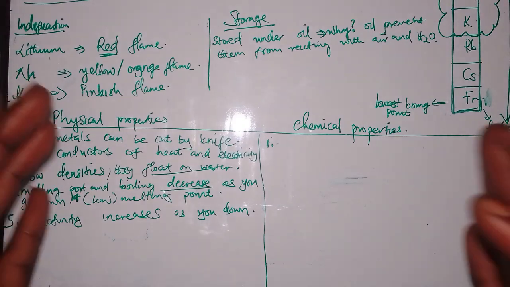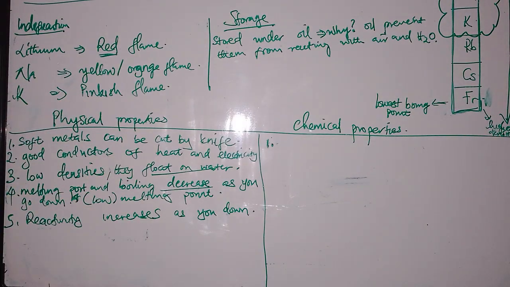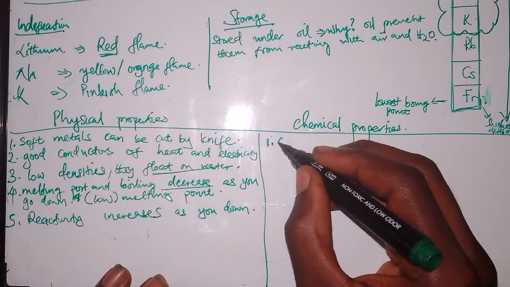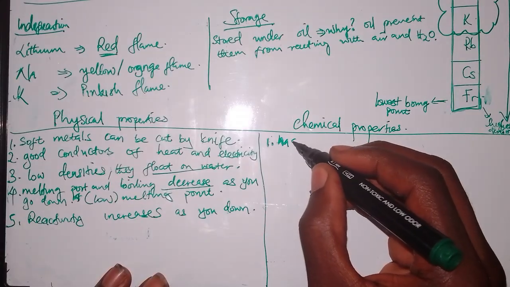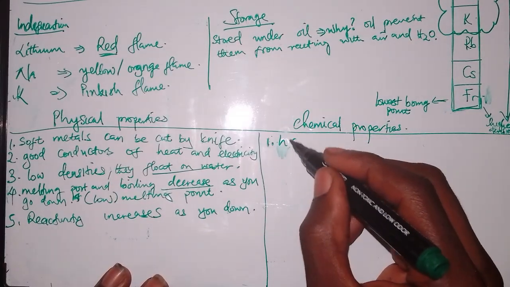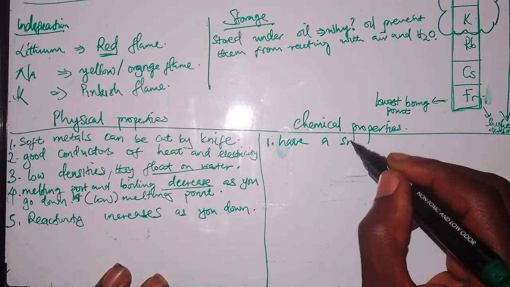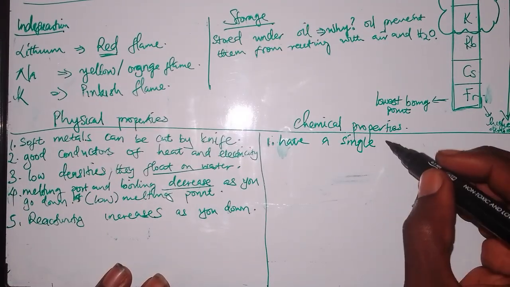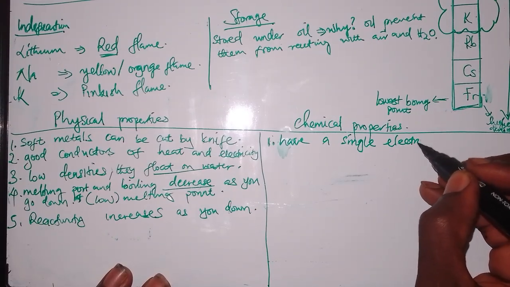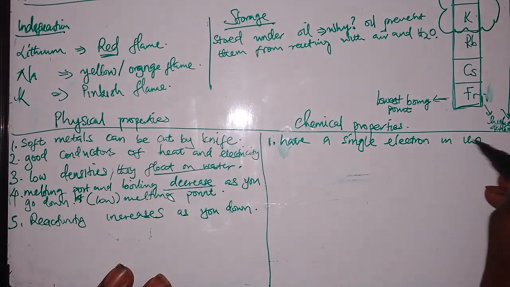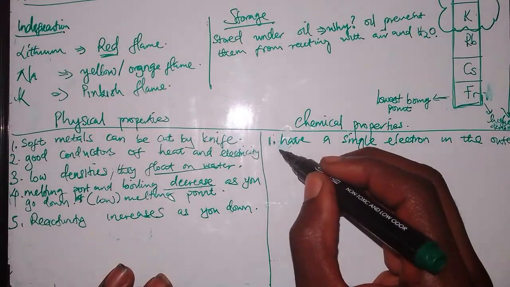The first chemical property which you come across under elements in group 1 is that their outermost shell has only one electron, a single electron in the outermost shell.